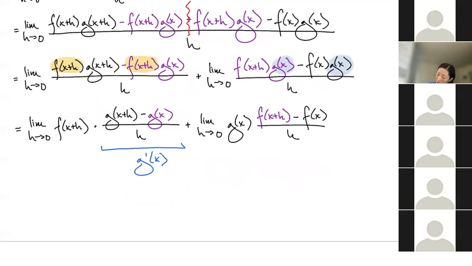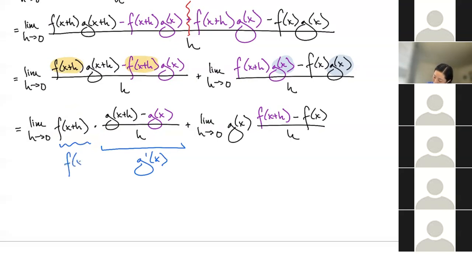And when I plug in 0 for h in f of x plus h, what do I get? Right, so when I plug 0 into there, what do I get? Just f of x, right?